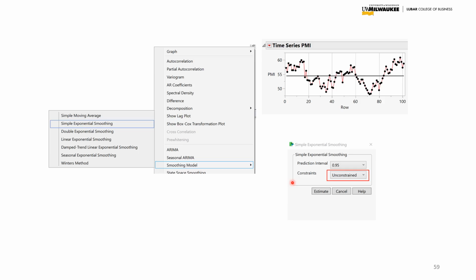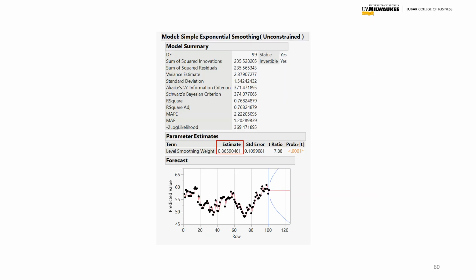You could constrain it to 0 and 1, but I'm going to let it be unconstrained. Here's the output. We get a bunch of statistics, including AIC, Schwarz-Bayesian criterion, which is really BIC, and mean absolute percentage error, mean absolute error, which I called earlier MAD, but I'm going to draw your attention to the optimal alpha reported here of 0.8659.